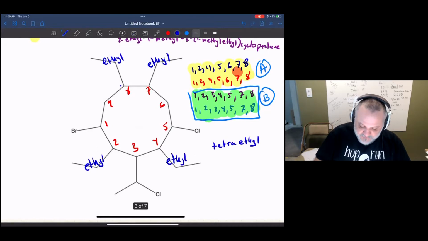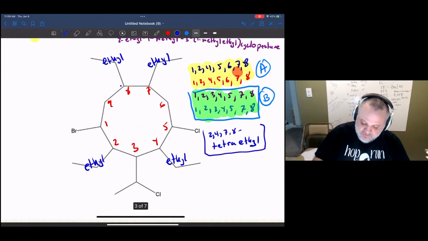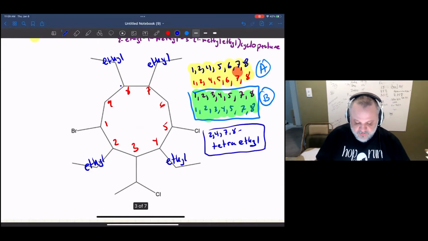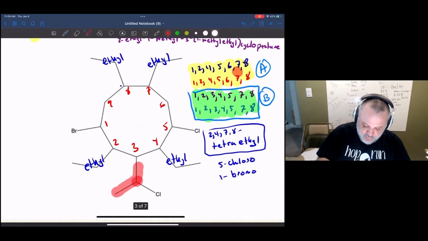And where do we have it at? We have it at 2, 4, 7, and 8. Okay, so that's one set that we're going to need to deal with. We also said we had a chloro group. So that's a 5-chloro. And we also have a 1-bromo.